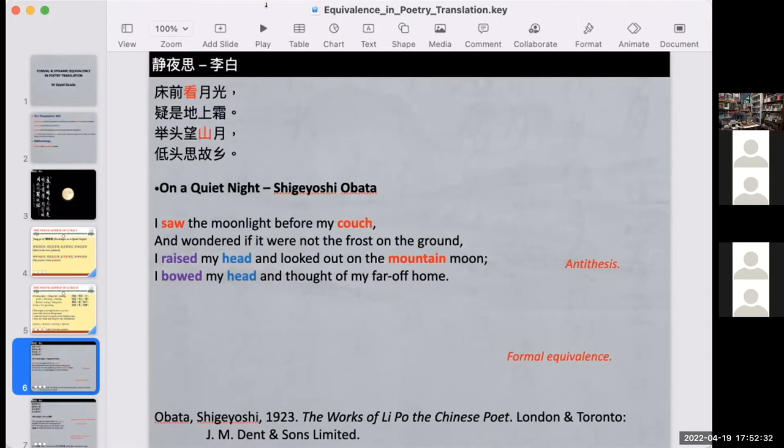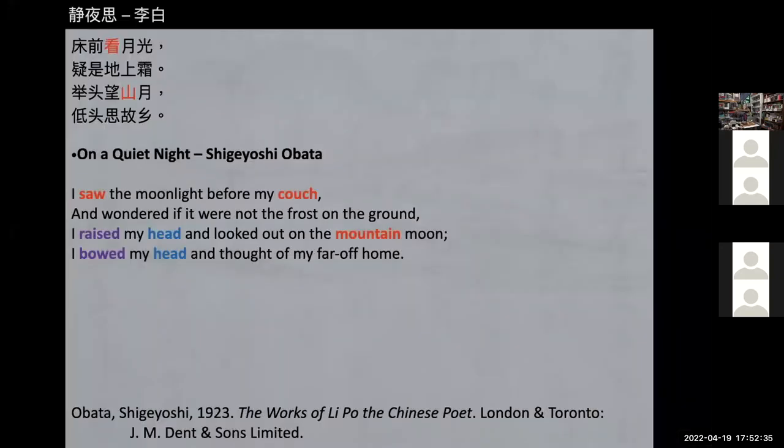Like this poem here by Shigeyoshi Obata. He was almost the first to translate it, in 1923. He translated a lot of Chinese poetry, especially poetry by Li Bai.